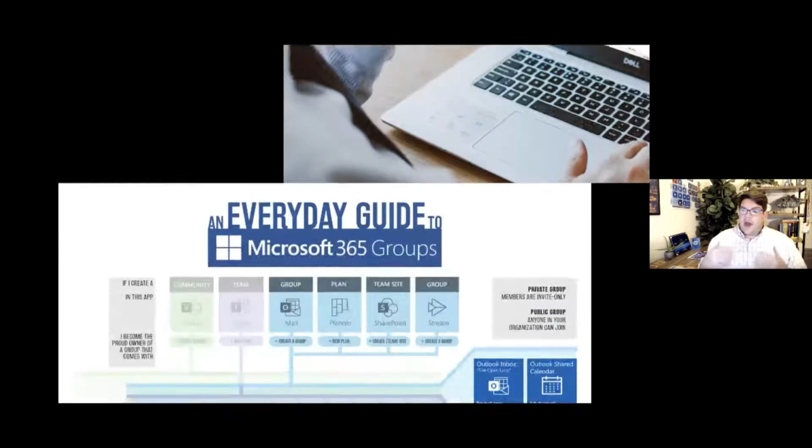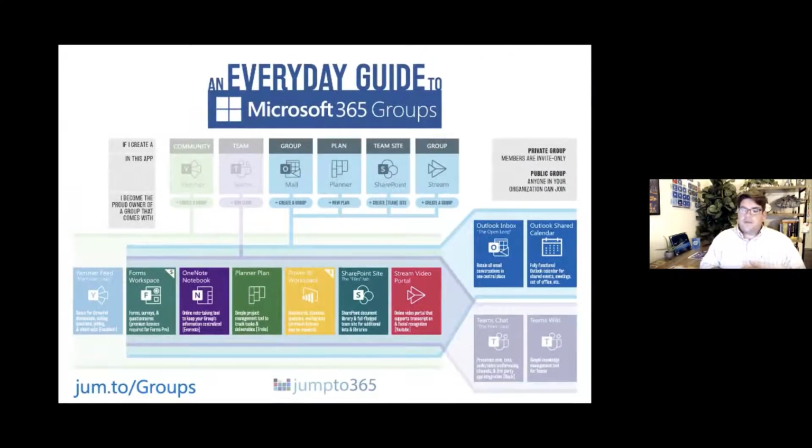If we look at the Outlook version of that infographic, you can see that you're going to get that inbox, that shared calendar, and Forms, OneNote, Planner, Power BI, SharePoint, and Stream information. Incidentally, if you go to that link that you see in the bottom left there, jum.to/groups, case sensitive, you'll notice a little bit of more information about how the Power BI connection is there.